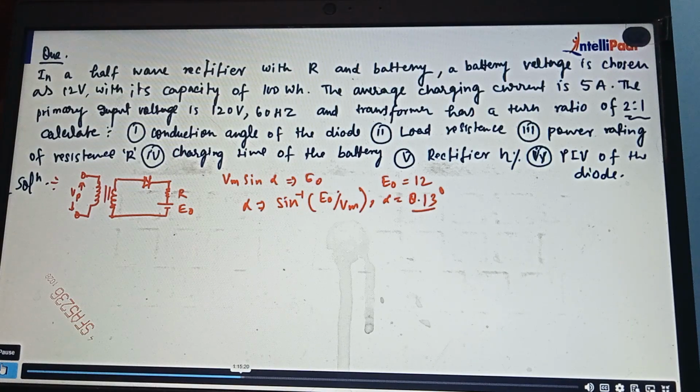It is in degree. Now next one. Load resistance.